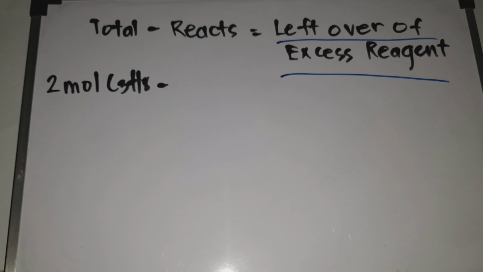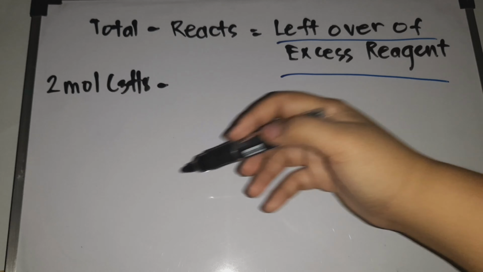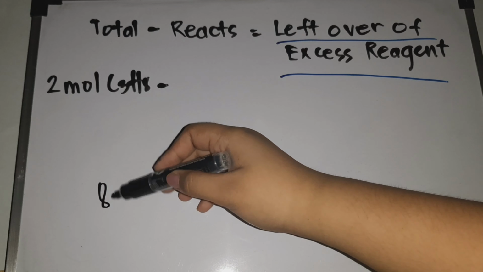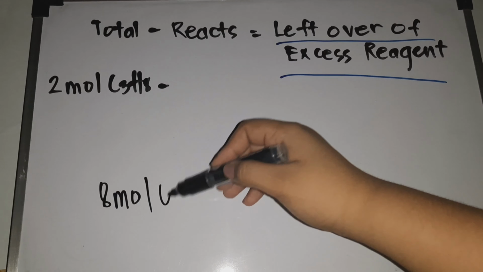Okay, so the total amount of the excess reagent is 2 mole of propane. So that is the excess in the chemical equation. But how are we going to find the amount that is used in the chemical equation? Let's start with 8 mole of O2.